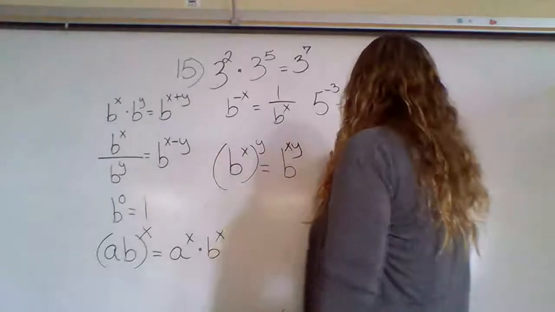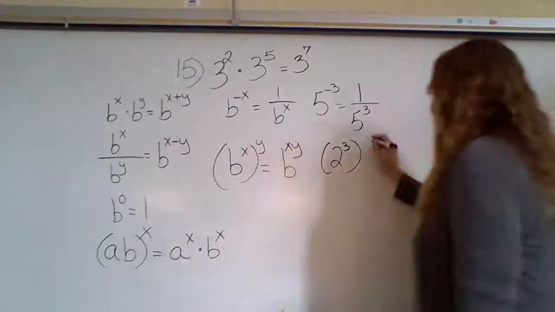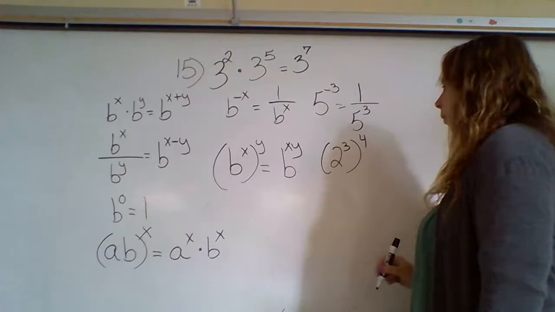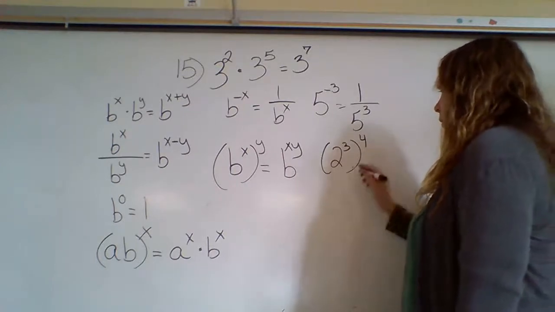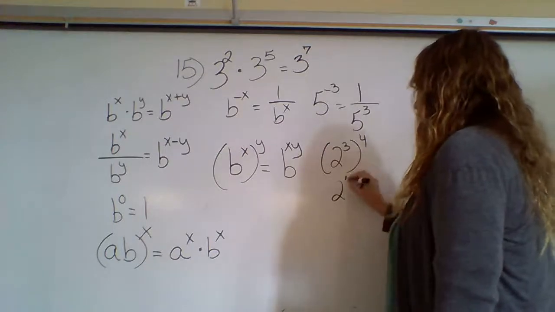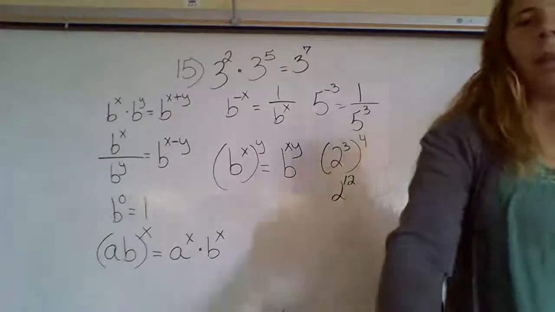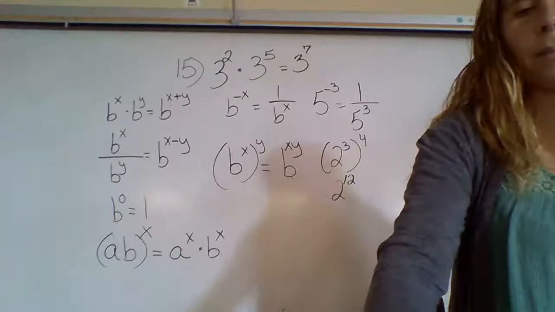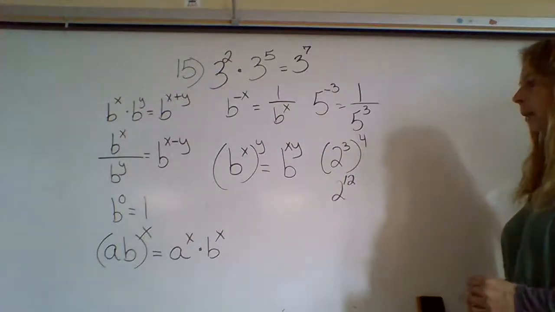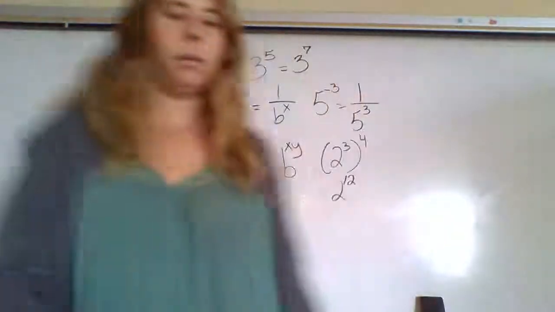Real number example of that, let's say you have 2 to the third, and all of that is raised to the fourth. So you would multiply your exponents. So that would be 2, 3 times 4 is 12. So really that's 2 to the 12th power. Okay, so those are some examples, but I posted them all on Canvas.